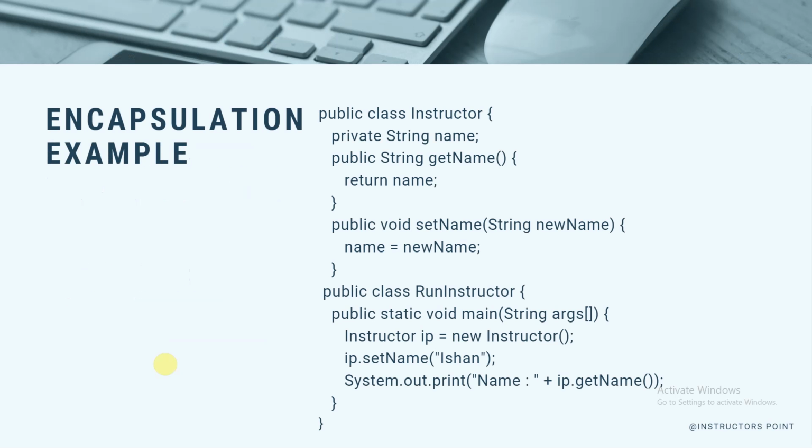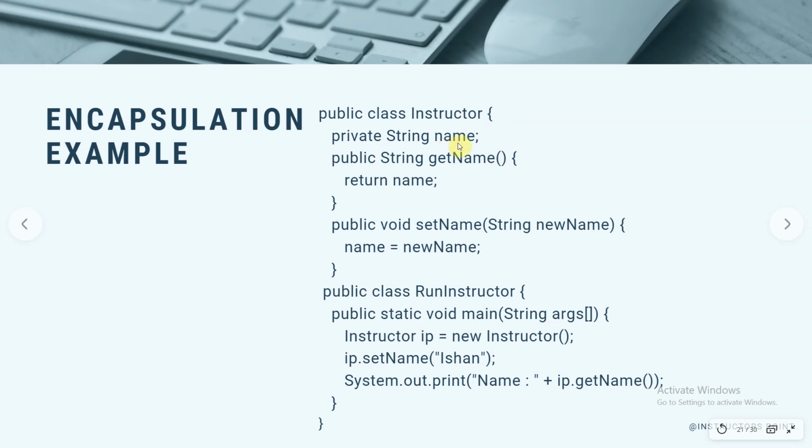Now let's look at a basic encapsulation example. Here I have defined a class named instructor, and within that a variable named name. This variable is defined as private, and as we know, privately defined variables cannot be accessed outside the class.